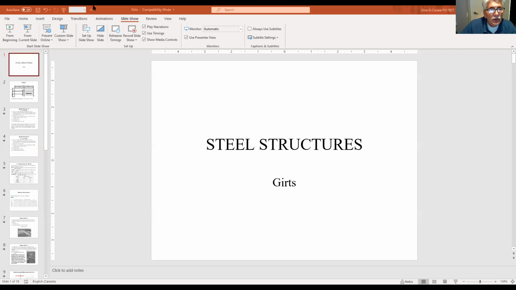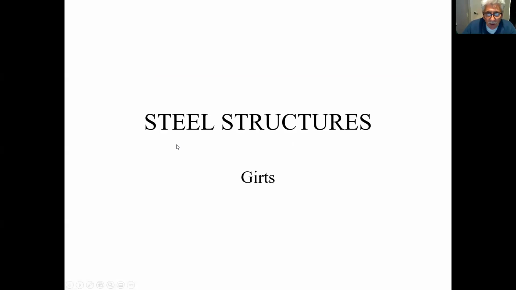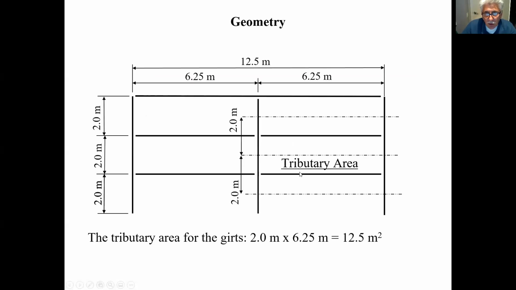Okay, so the girts. Now, if you guys remember, the girts are those horizontal members that go from column to column. And what they do is, when the architect puts his wall out here, the wall envelope gets fastened to the girts.